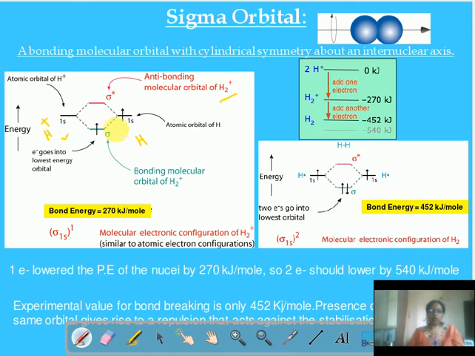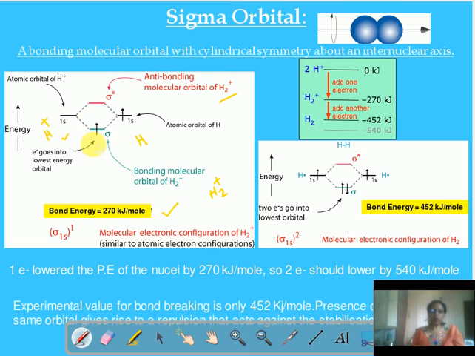When the molecular orbital is formed, one electron is present in the bonding orbital, and experimentally it is found that the bond energy is 270 kilojoules per mole for the H2 plus molecule. Now we see that one electron lowered the potential energy of the nuclei.